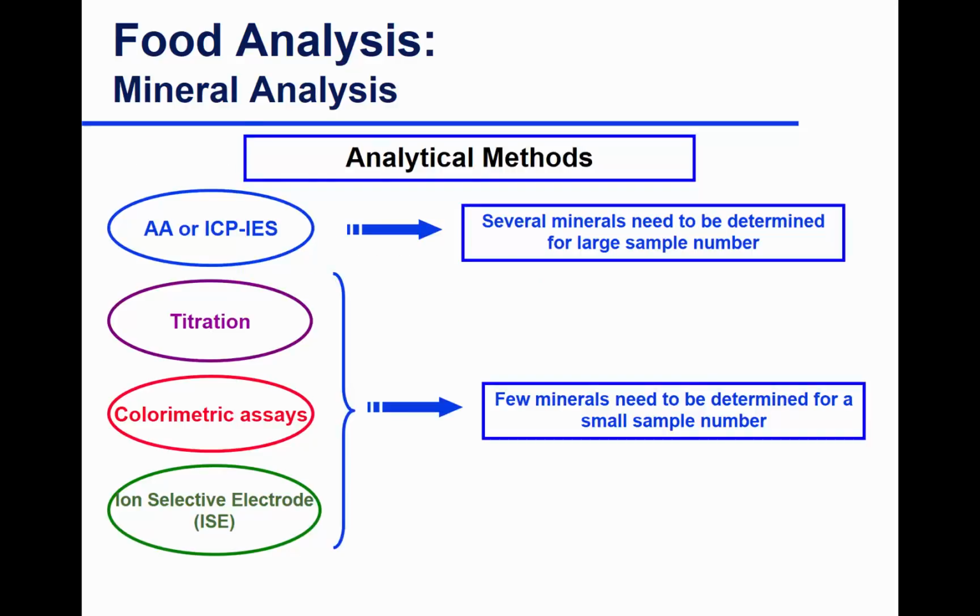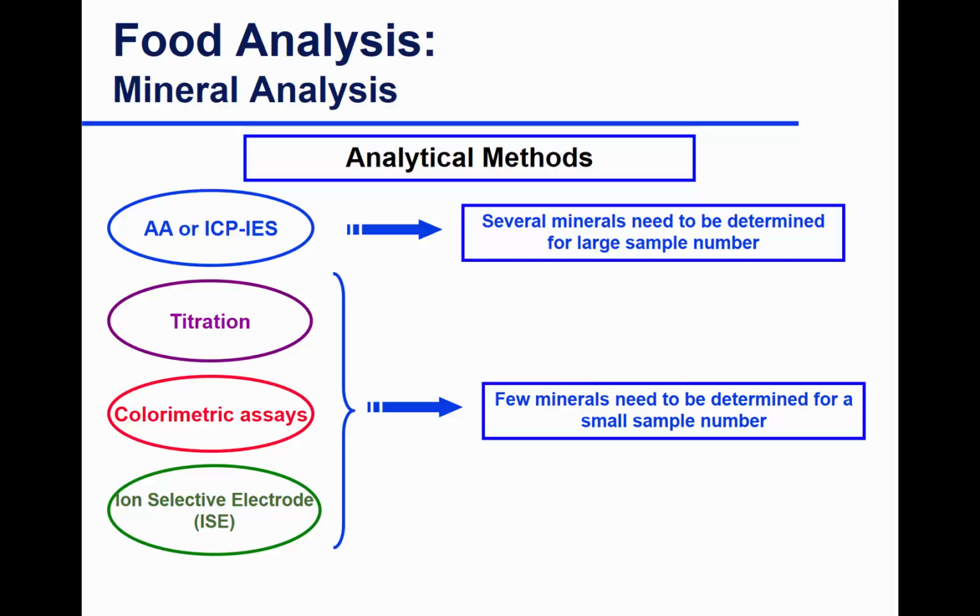Okay, so there are different ways of determining different elements in food. We've already gone through atomic absorption and ICP, where a lot of minerals, especially the metallic forms of the minerals, can be quantified using AA or ICP.